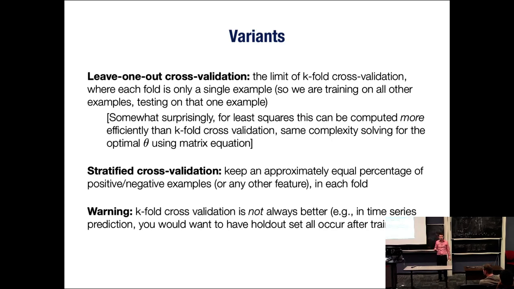So if I have an imbalanced data set, say with 5% positive examples and 95% negative examples, I want to approximately keep that same balance in my training set and in my validation set. That's what stratified means there. Though it does not have to be the class either. It could be any feature that you want to keep evenly distributed over training and testing. You'd want to do it this way.